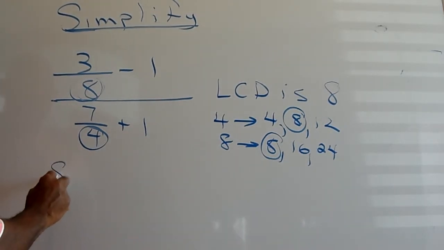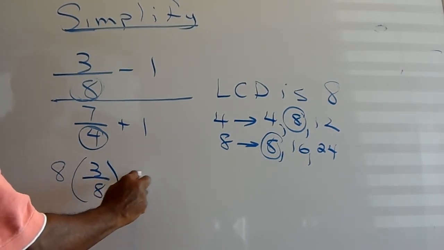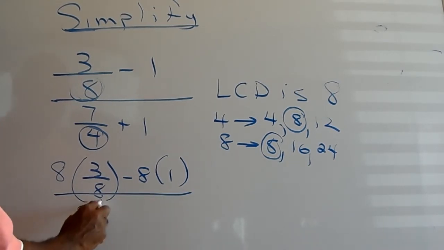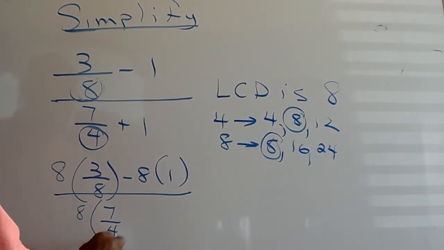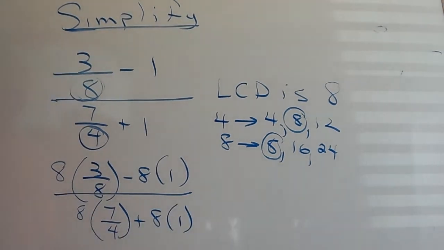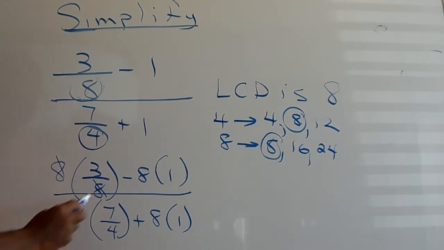So what am I going to do with this 8? Multiply each one of these by 8. Okay? And then what's going to happen, this is going to cancel. 8 goes into 8 one time, 8 goes into 8 one time.